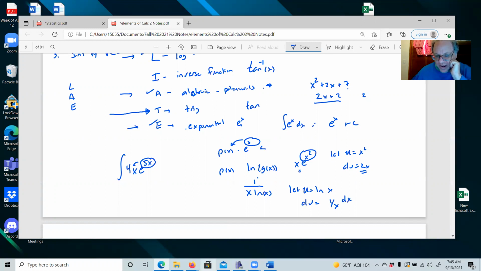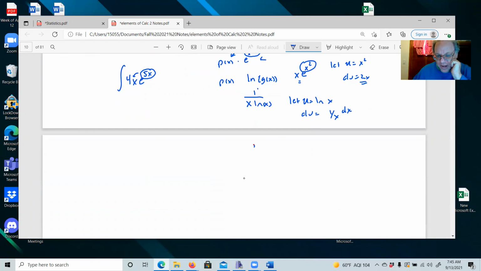And I want to integrate this. So this is the integral of 1 over x times 1 over ln x. There's a times in here. Sometimes separating them out makes it really easy to see. That's why I do that.